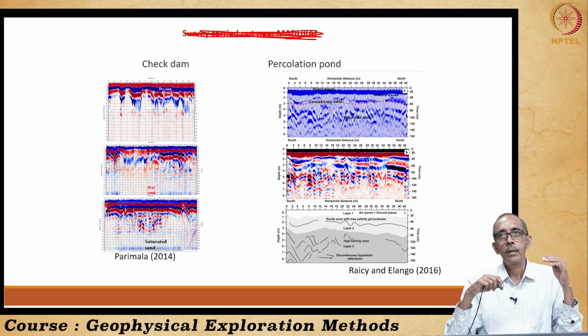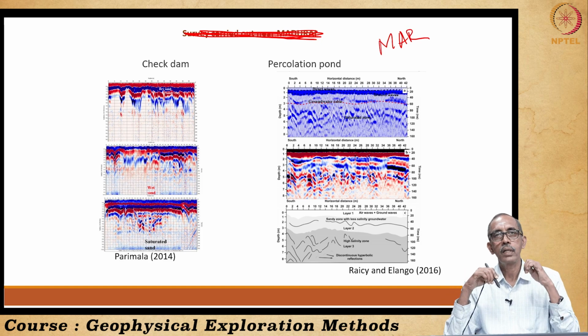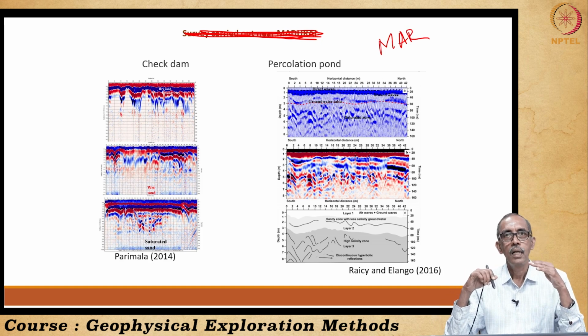Here I am showcasing how we had successfully used ground penetrating radar to understand the subsurface behind two managed aquifer recharge structures, right? Managed aquifer recharge structures are structures made intentionally to harvest the rainwater and make it percolate below the ground to augment the groundwater resources, right?